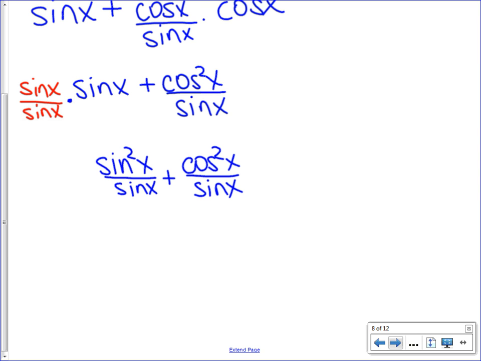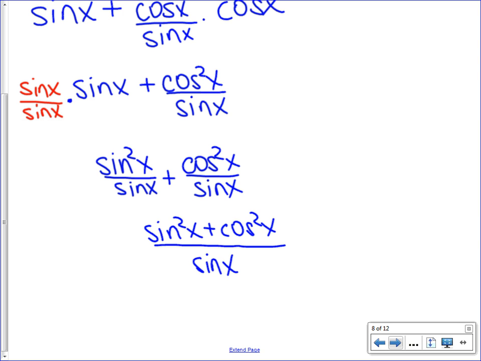We now have common denominators, right? Which means we can make one fraction out of this. So up here, I made this sine of x have a denominator of sine of x, so that's how we have sine squared over sine of x.